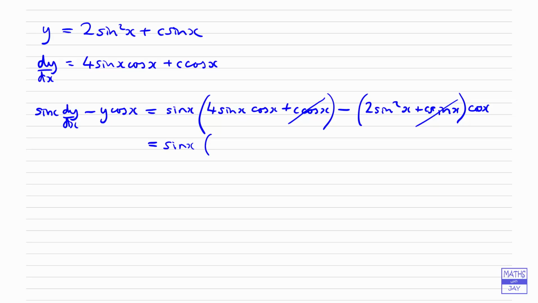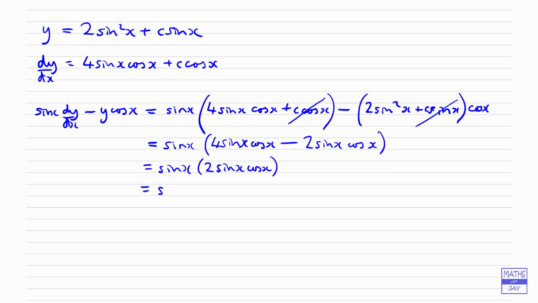So from the first one we've got 4 sine x cos x, but the other one, I'm writing this now with a sine x outside, so that's going to be minus 2 sine x cos x. So that leaves us with sine x times 2 sine x cos x. And that is in fact sine 2x, isn't it? So sine x, sine 2x, and therefore we must have got the right answer.